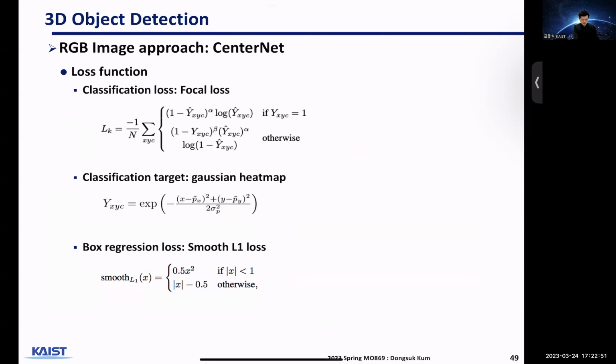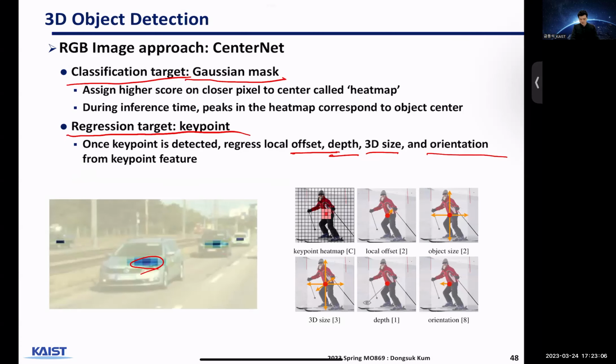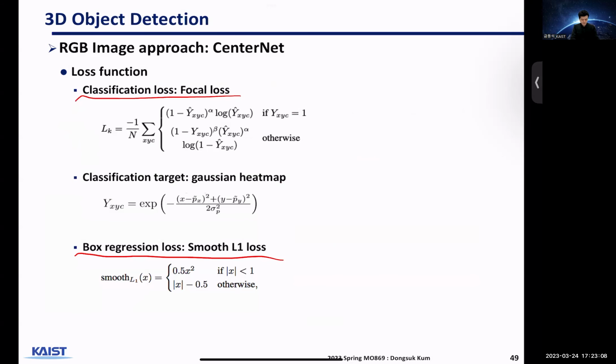So this classification loss looks for the position of the center point, and this box regression loss looks for the offset, depth, size, and orientations.